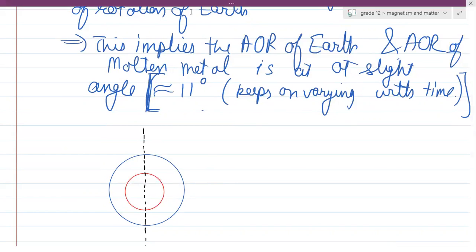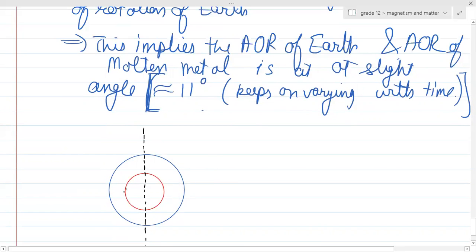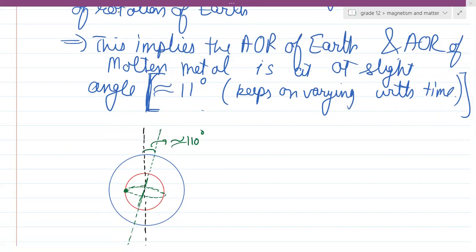But the molten metals inside the core are rotating at a certain angle. And due to which what happens? The axis of rotation of this particular thing, I'm drawing it with green. Can you see over here? This angle is approximately equal to 11 degrees. I'll write the whole thing.